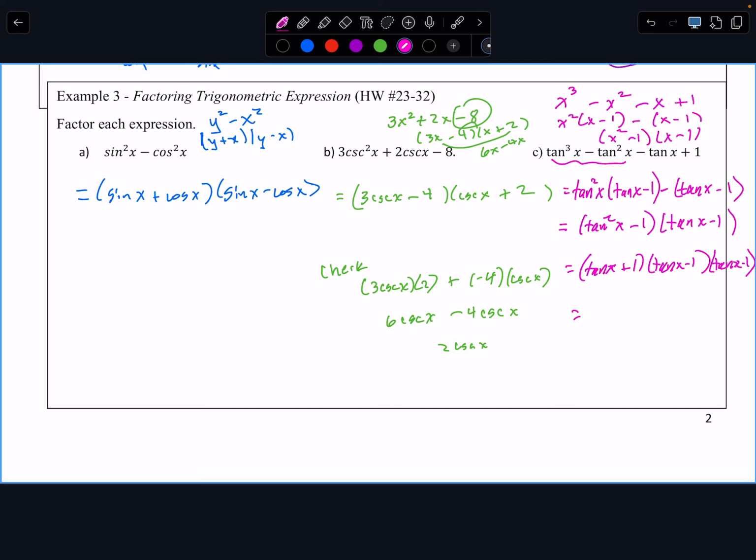And they will probably combine to the quantity tangent x minus 1 squared. And the goal was to factor, so we don't want to expand it from there. I'll just get back what I came from. They want it in factored form. So that's the answer to the factored form.